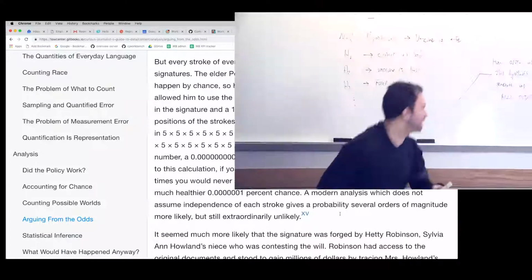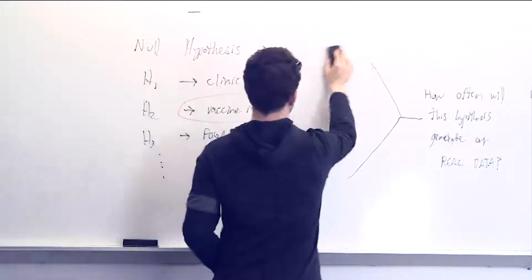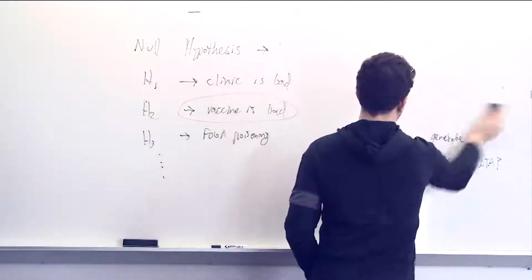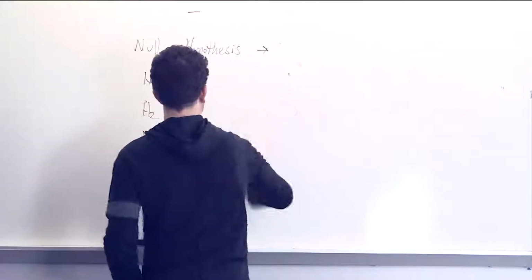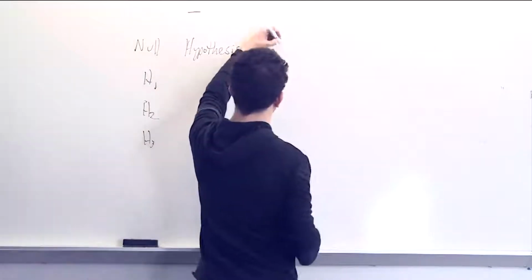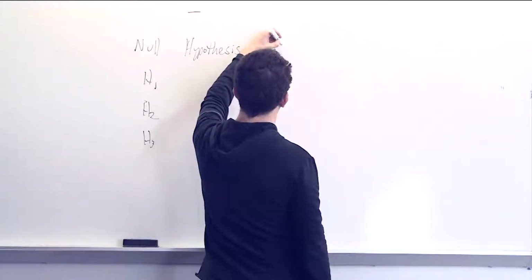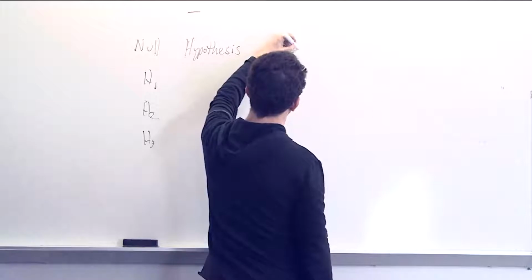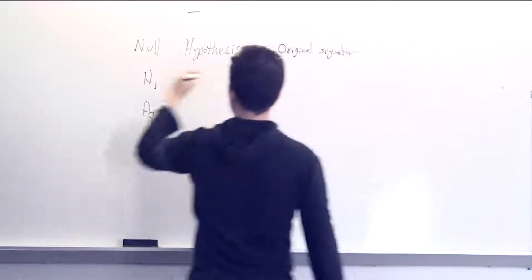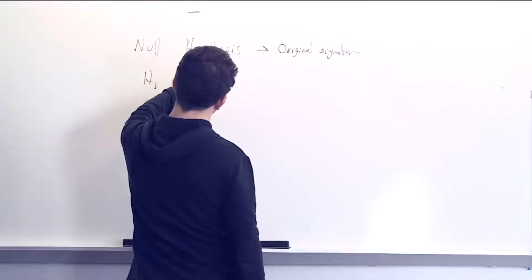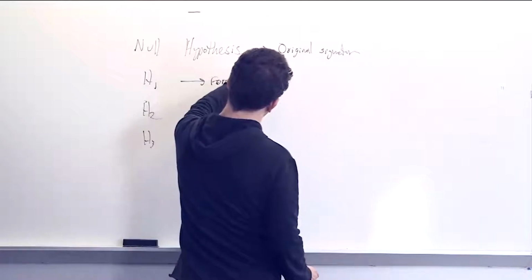So in this case, the null hypothesis, which is normally called H0, is that it's an original signature, and H1 is forged by copying, right?